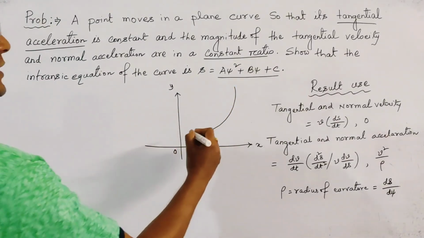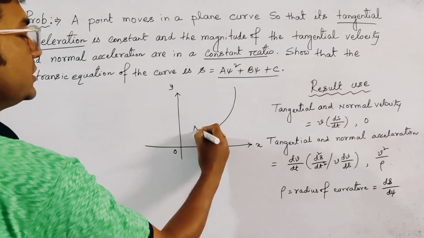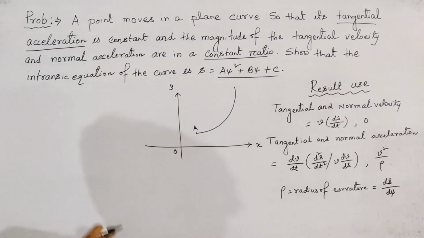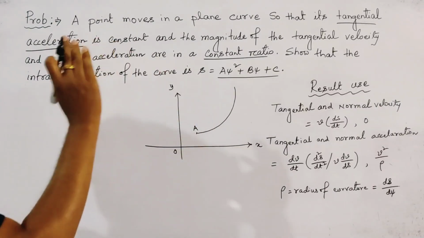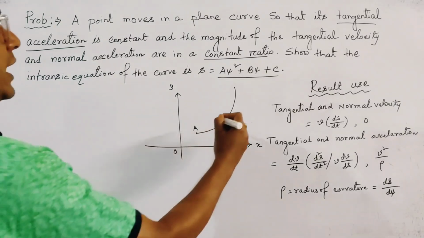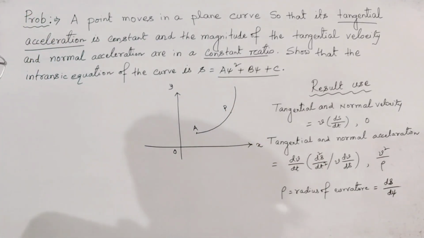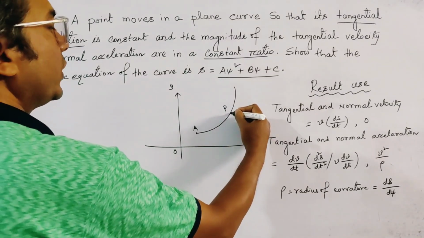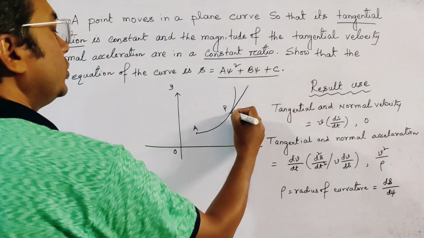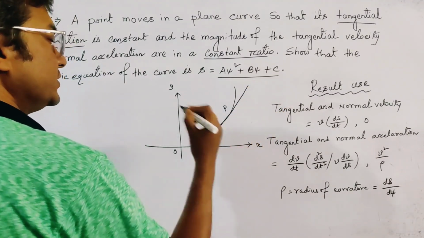Let A be the initial point from which the arc length is measured, and let P be any point on the curve, where we draw a tangent.